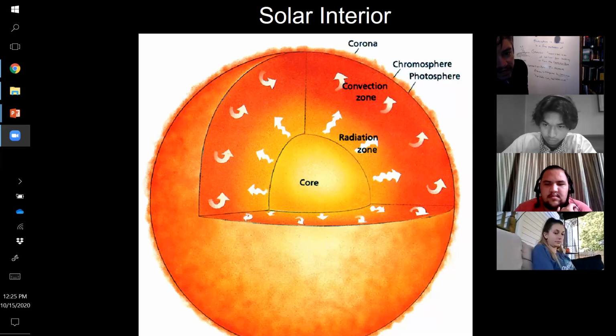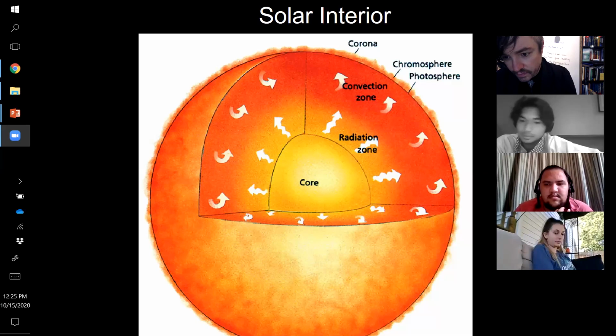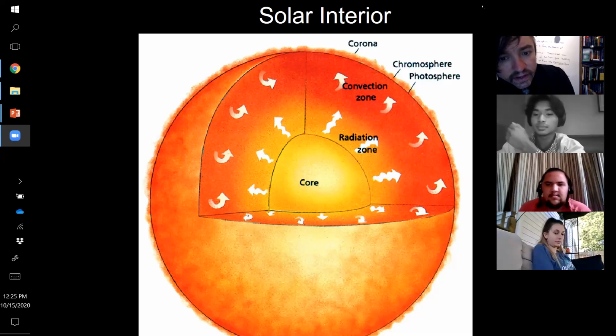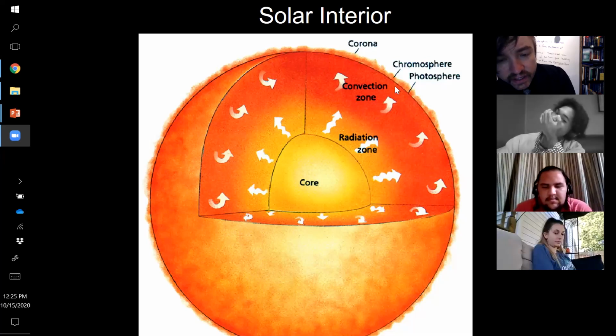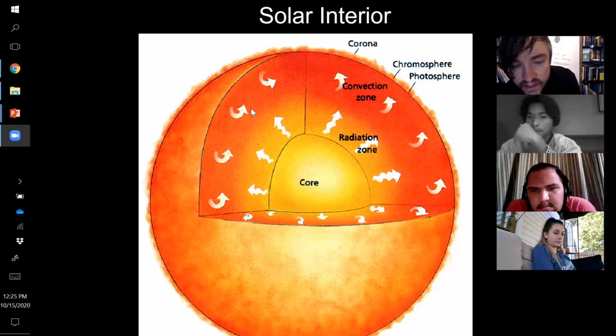Cameron's got one of them: radiation, convection, and what's the third one? You guys don't know what I'm talking about? Daniel's got it. Convection, conduction, and radiation. Okay, so what's the difference?